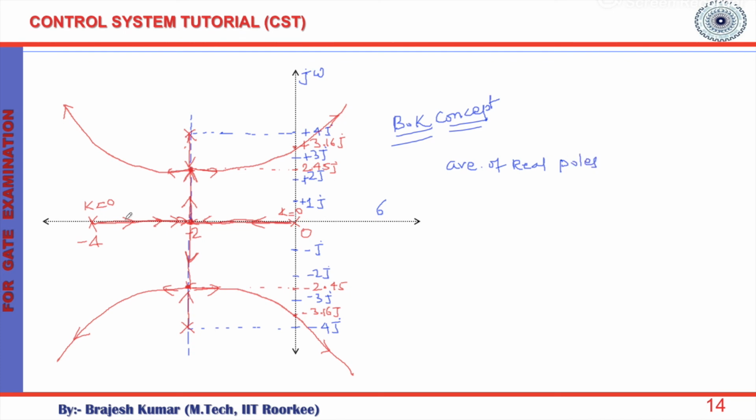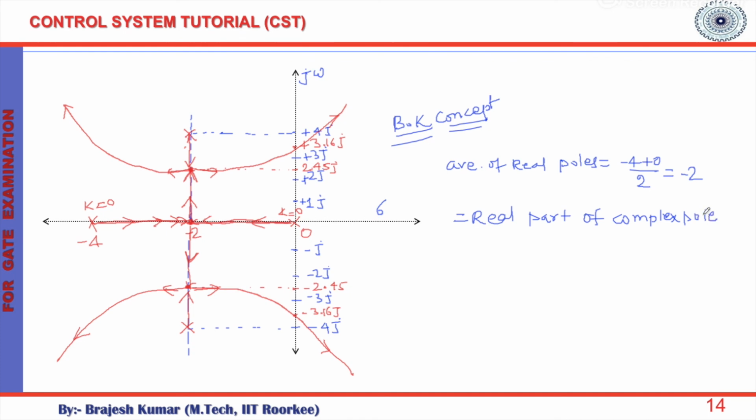What is the average of real poles? Two poles are real poles. One is at 0 and another one is at -4. So the average is -4 plus 0, divided by 2, which equals -2. So the average of real poles is equal to the real part of complex poles.